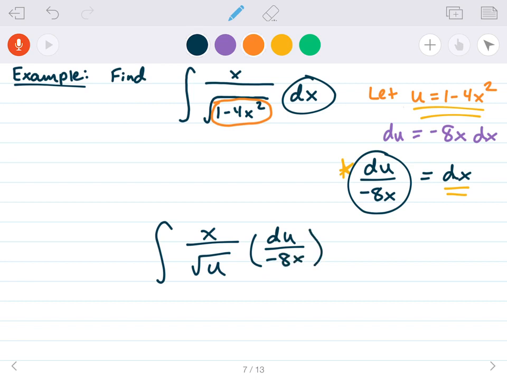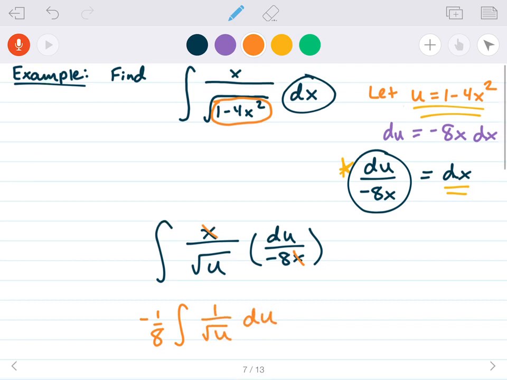Now look at what happens. I'm making this simpler because the x's cancel out. I can pull the negative 1 over 8 out. And so I'm just left with negative 1 over 8 times 1 over the square root of u du. And this is a simple function to integrate.